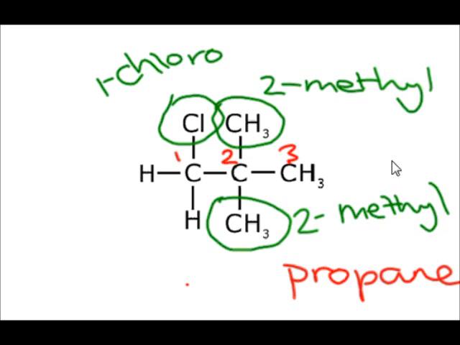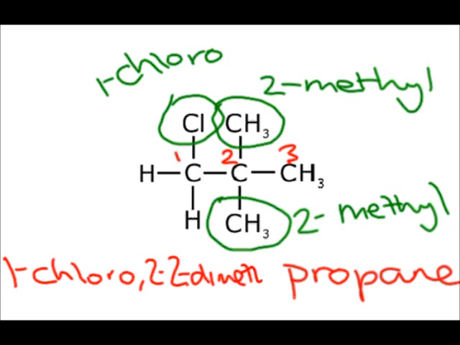Remember, if we've got 2 substituents that are the same, we would use di, so this will become 2,2-dimethyl. And again, we list the substituents in alphabetical order. So C comes before M. So the full name for this final alkane will be 1-chloro 2,2-dimethyl propane.